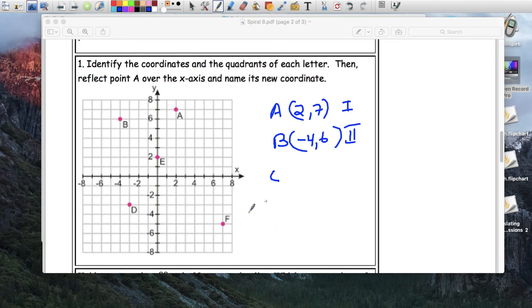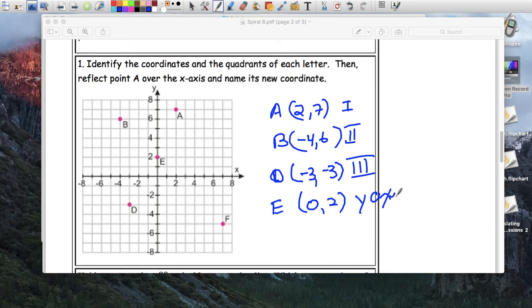There is no C. No kidding, there's no C. So D is at -3 and -3, and is in quadrant 3. E is at 0 and 2 up, so it's on the y-axis. F, where's F? It's 7 to the right, and how many down? -5 down, and that's in quadrant 4. So all that information is necessary.